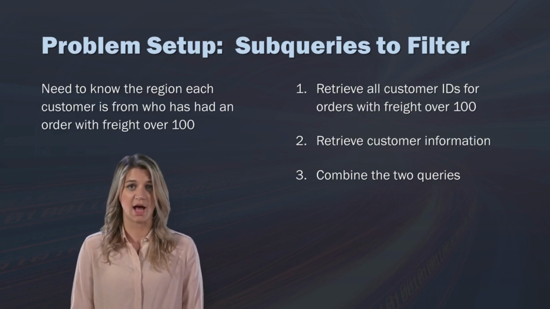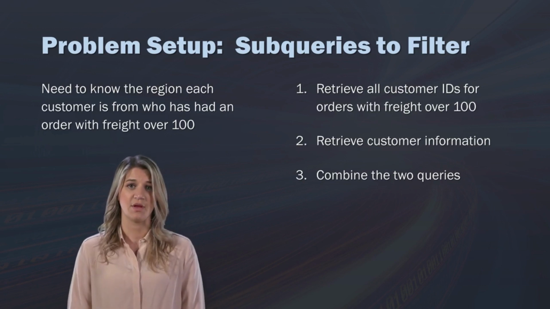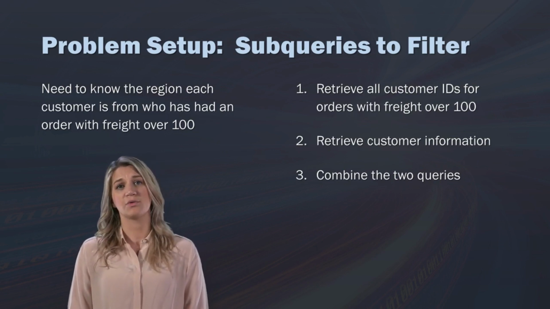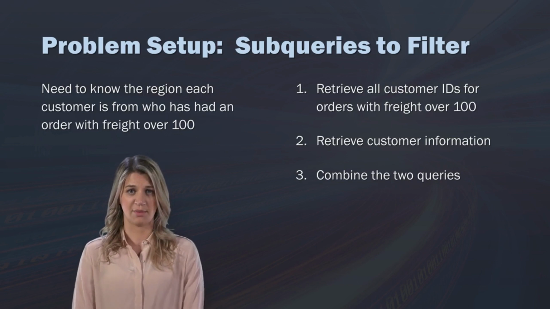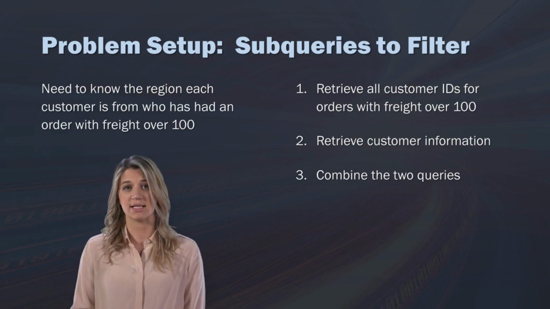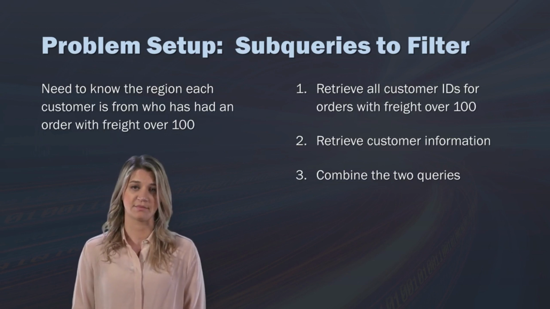But then we wouldn't have what region the customer is from, because that's in a different table. Then I would have to go and retrieve the customer information to get the regions from that separate table. And then I would need to combine that, so now I can select the IDs for the ones that had freight over 100.